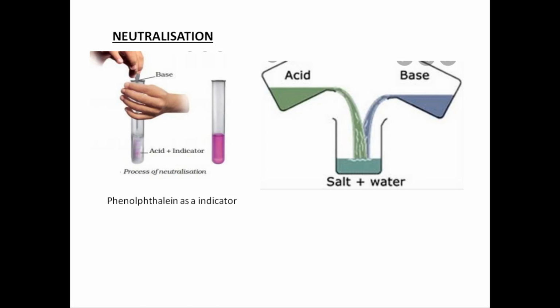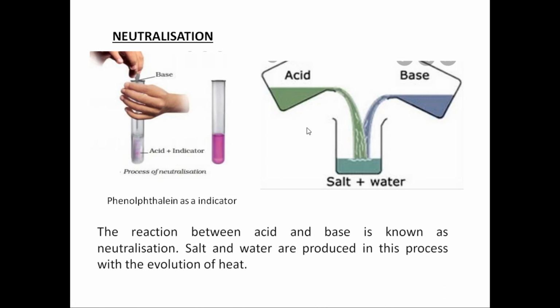So in acid base reaction, heat is also produced and we feel hot. When acid is mixed with base, salt and water are produced along with heat, and this process is known as neutralization. This is written here: the reaction between acid and base is known as neutralization. Salt and water are produced in the process with evolution of heat.